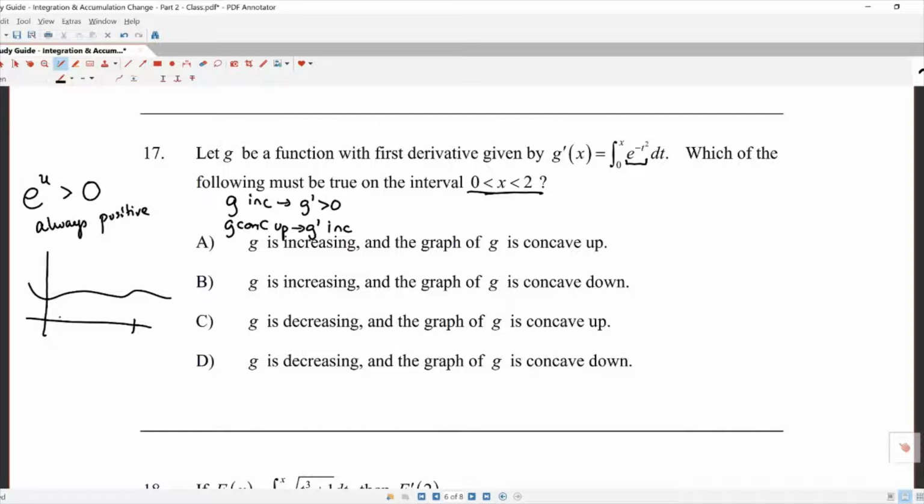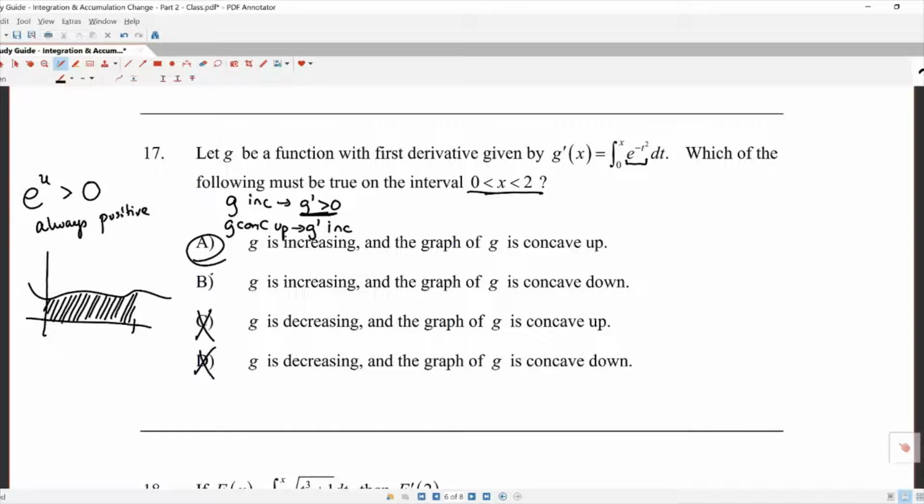So g prime here is always positive, therefore g is increasing. And think about this area. As I start from 0 and we start moving, this area is increasing. So g prime, which represents the area from 0 to x up to 2, is always going to be increasing.